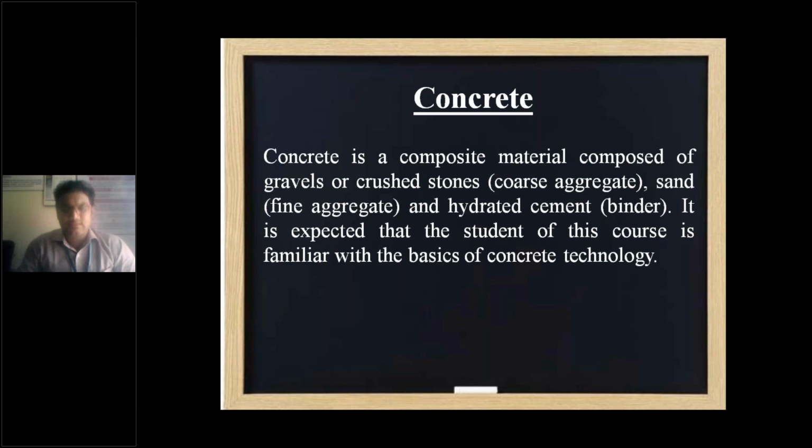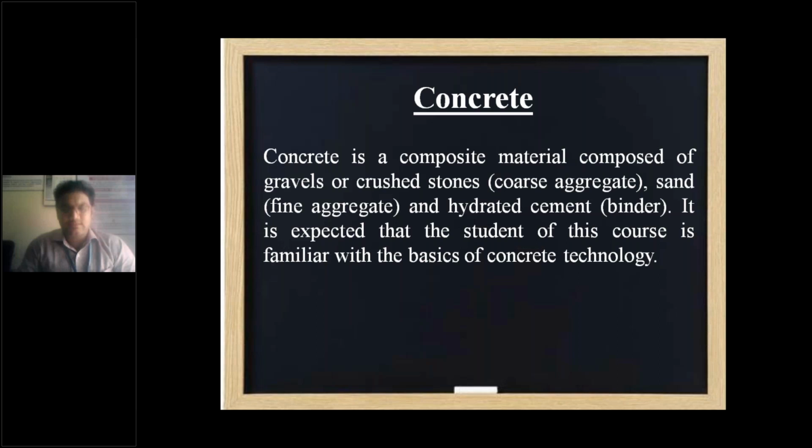As we know, concrete is a composite material, which is a combination of materials like cement, aggregate, water, and other admixtures which are added into it, right? Aggregate in the sense there will be coarse aggregate and fine aggregate. This is what we are expecting students to learn, and students should be familiar with the basics of concrete technology.